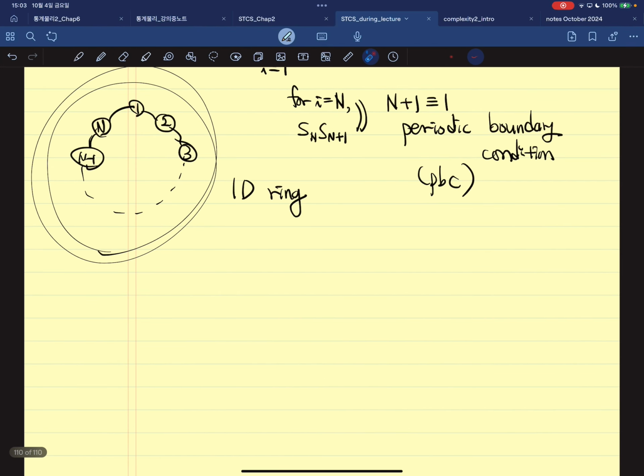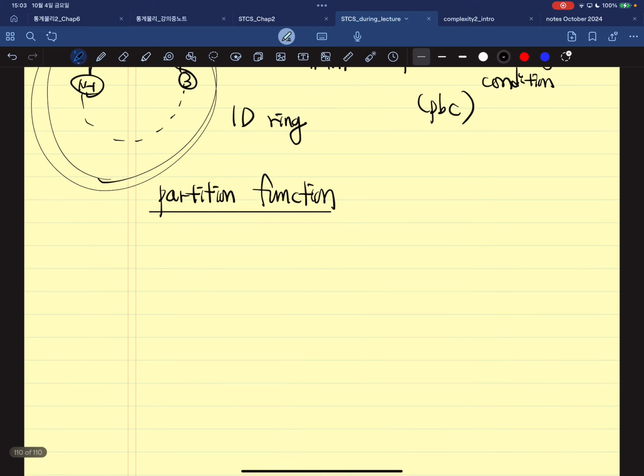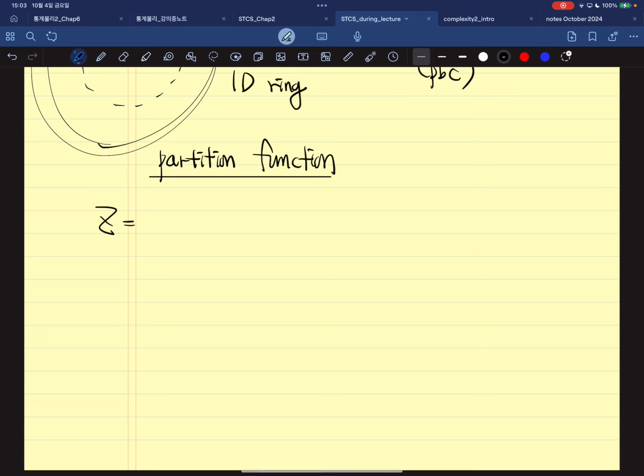Basically, what we have to do is a seemingly simple task of calculating the partition function, of course. And the partition function is, of course, the sum over all the Boltzmann factors. So far, very similar to the non-interacting spin or paramagnetism.